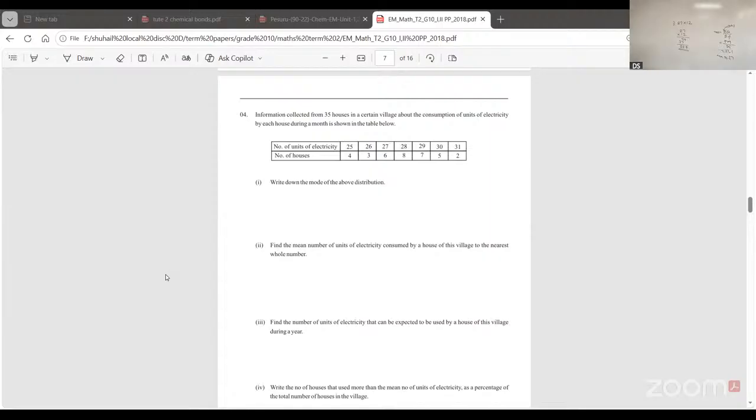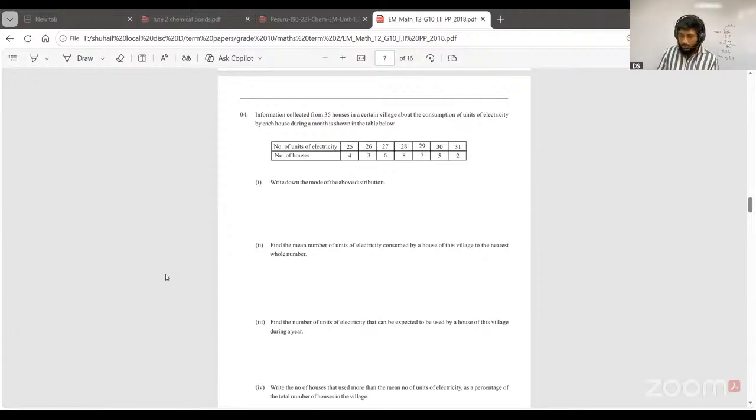Now see who has used more than 27 units. Some houses have used 28 units, 29 units, 30 units, 31 units. How many houses used like that? 28 units, there are 8 houses. 29 units, 7 houses. 30 units, 5 houses. 31 units, 2 houses.